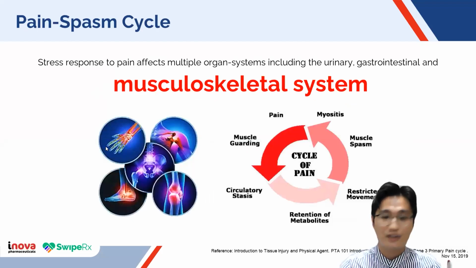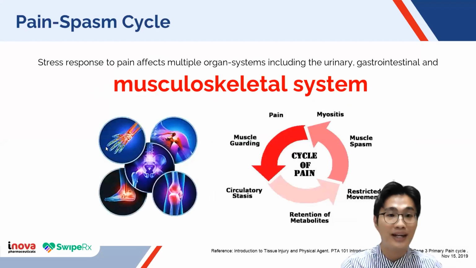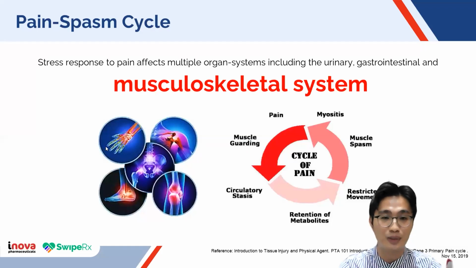This is the slide explaining the pain spasm cycle, where when you have a stress response to pain, it will affect multiple organ systems, including the urinary tract, gastrointestinal, and also your musculoskeletal, your muscle system. So this cycle of pain illustrates the physiological tissue response during acute tissue injury and inflammation.